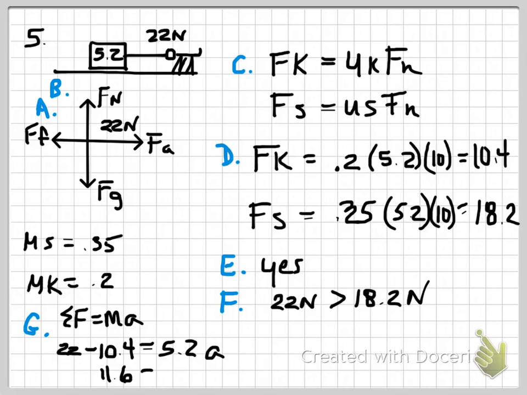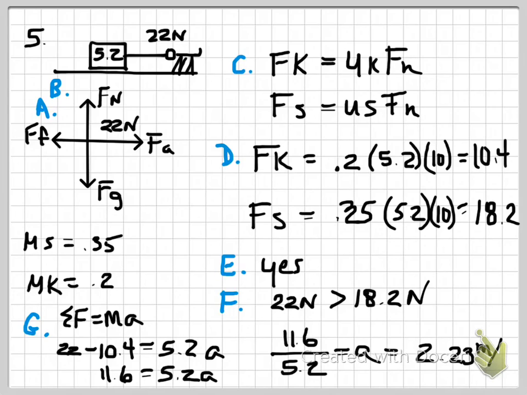We know that our mass is 5.2. And we're multiplying that times acceleration, which is what we're really trying to find. So we're going to rewrite this formula so that we can solve for acceleration. So 11.6 divided by 5.2 gives us 2.23 meters per second squared.